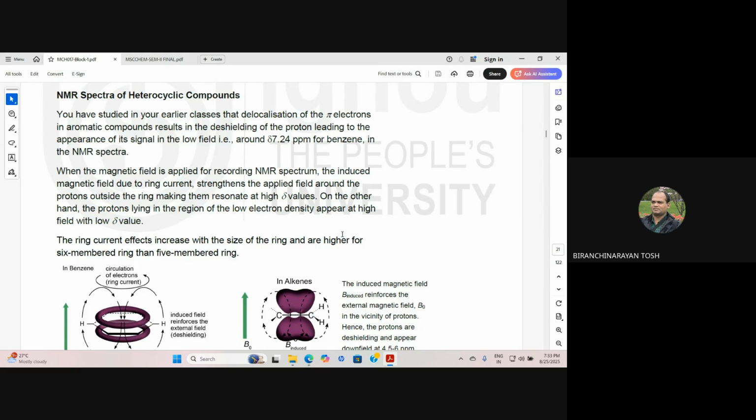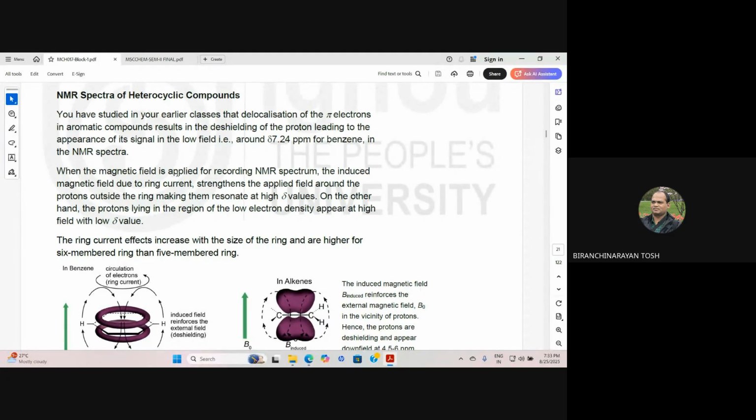So what we have to do, we give a radio frequency, which will counteract the magnetic field. So the external magnetic field and the radio wave we have given will make a resonance. That's why it is called nuclear magnetic resonance.